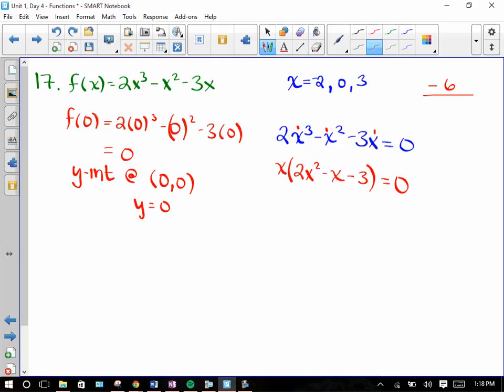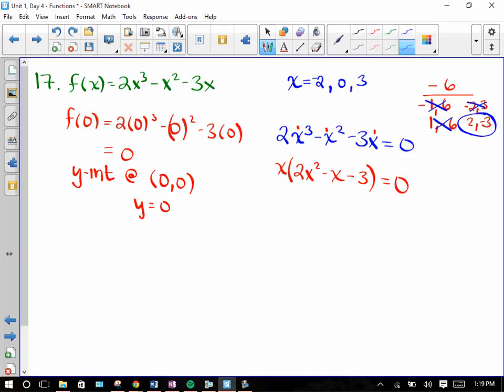The factors of negative 6 are negative 1 and 6, 1 and negative 6, negative 2 and 3, 2 and negative 3. I need to find which pair of factors adds up to negative 1. Which of these add up to negative 1? 2 and negative 3.